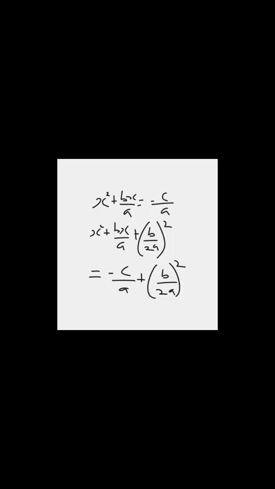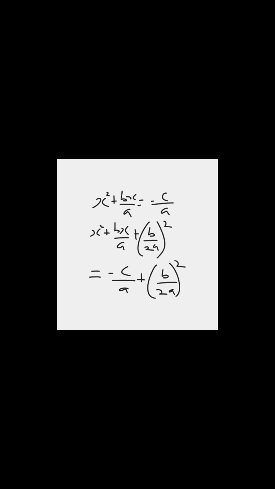Now our next mathematical statement will now be what? x squared plus bx over a plus open brackets b over 2a all squared is equal to, remember, on this side of your equation you're having minus c over a standing there alone before.